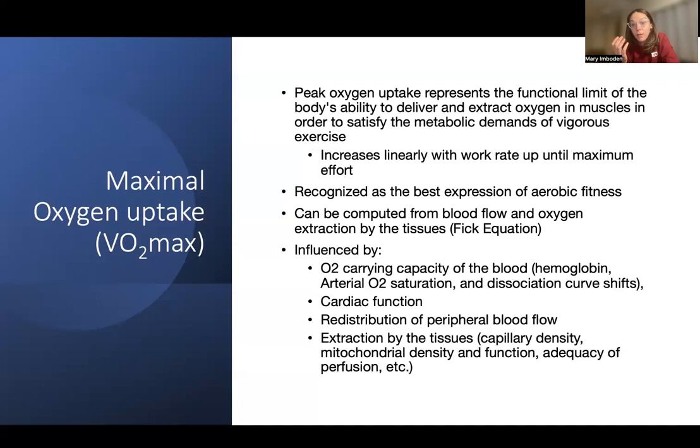Redistribution of peripheral blood flow, extraction by the tissues, so things like capillary density, mitochondrial density and function. And both of those things we can improve through exercise training. So research has shown that exercise training will increase capillary density and can increase mitochondrial density, helping with extraction.